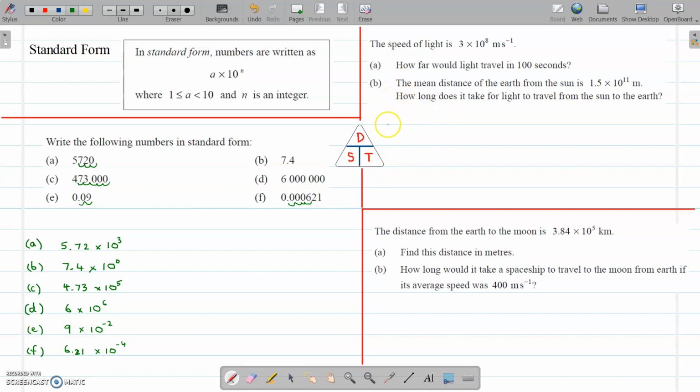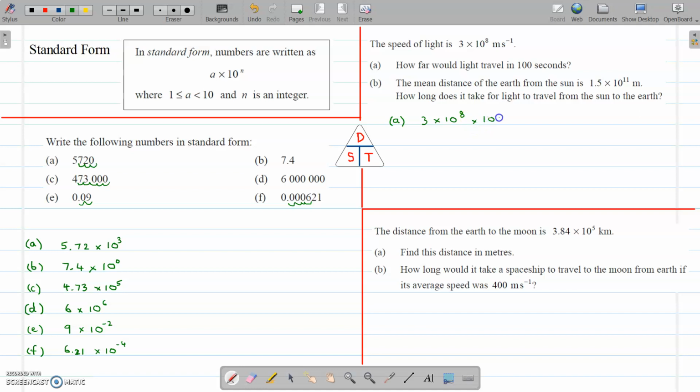In part A, that's quite simple. We just have to see how far light would travel in 100 seconds. So that's how far it travels in 1 second: 3 times 10 to the 8 meters. What I've got to do is 3 times 10 to the 8, which by the way is 300 million, and then times that by another 100.